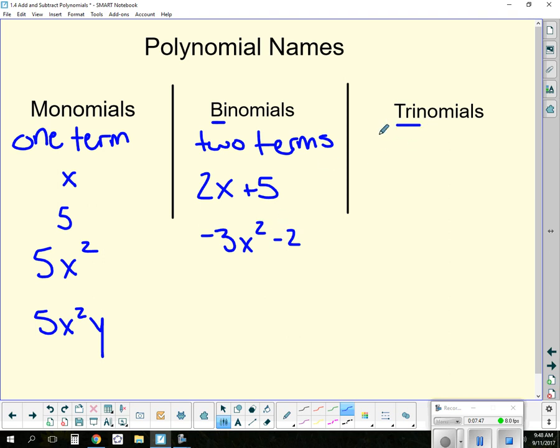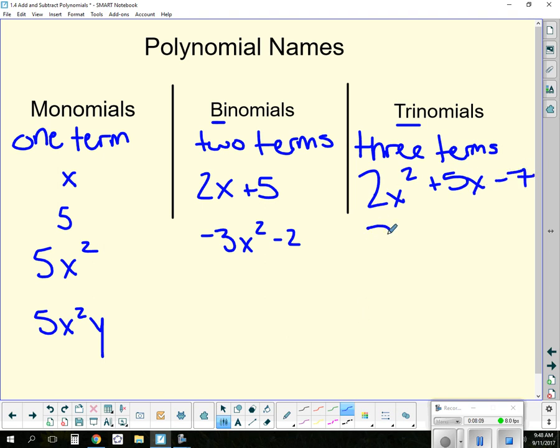Lastly, trinomials. Maybe you've ridden a tricycle when you were little. Those have 3 wheels. Trinomials have 3 terms. Again, I apologize, my pen's not working very nicely, so my writing's kind of crazy. Example there: 2x squared plus 5x minus 7.